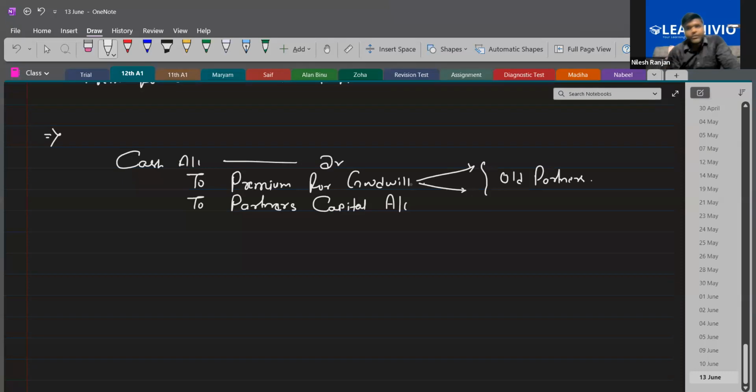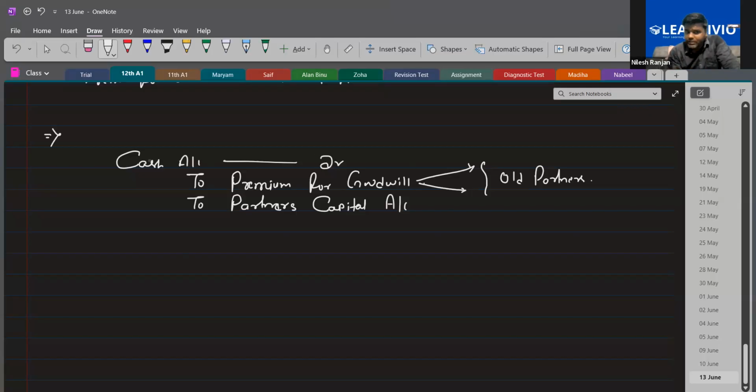Now, one more thing. In those entries, sometimes you have seen that started business with cash and stock, cash and building, cash and machinery. So the journal entry was: whatever the owner brings in the business, we have to write it on the debit side.